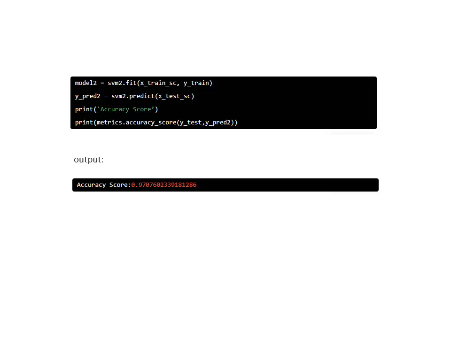Then we call the fit function to fit the scaled X_train data and the y_train data. Then we use the predict function on scaled X_test data to get y_predict. We evaluate y_test and y_predict, then we print the accuracy score. The accuracy score is about 0.97, which is good.